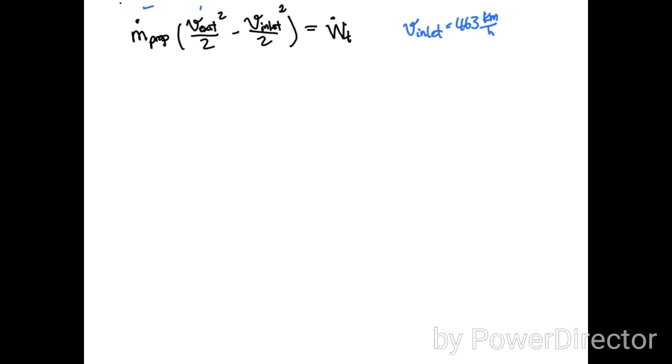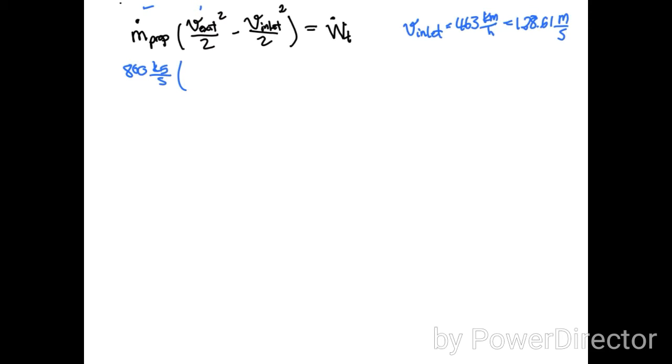Now we're given that the inlet velocity is 463 kilometers per hour, and if we convert that to meters per second, that will be equal to 128.61 meters per second. Okay, so now we put that information into our energy balance equation. We have that the mass flow rate through the propeller is 800 kilograms per second.